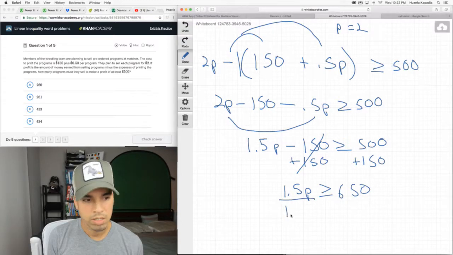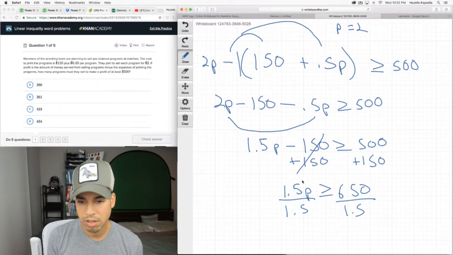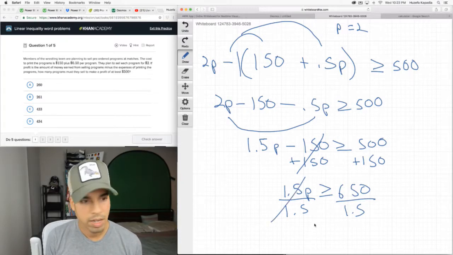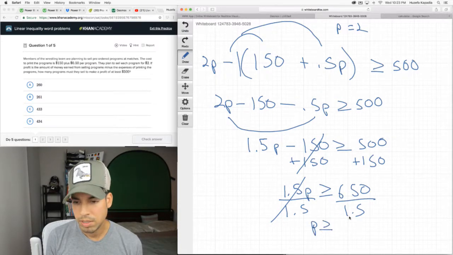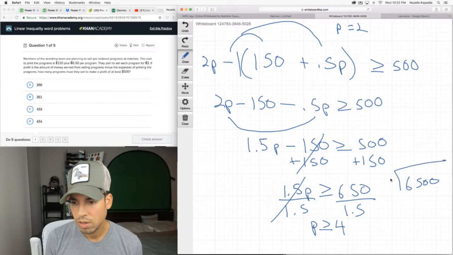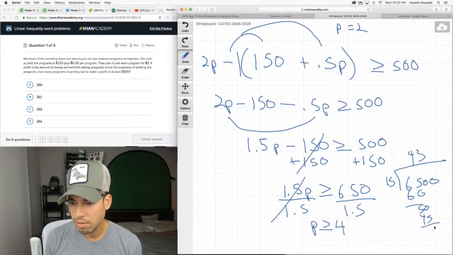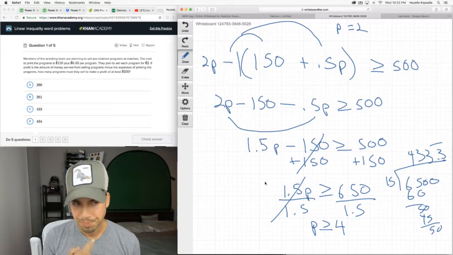We divide both sides by 1.5. This is a calculator question, by the way, so we can use a calculator. I'm going to try not to. So I believe P is greater than or equal to, let's see how many times this goes in, 400, and let's just do the division here, 6500 divided by 15, so it's 433.333, goes on forever.